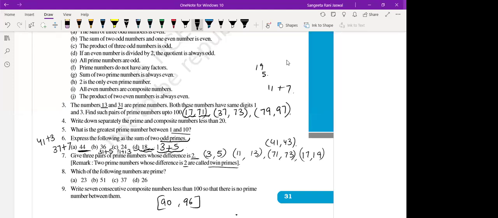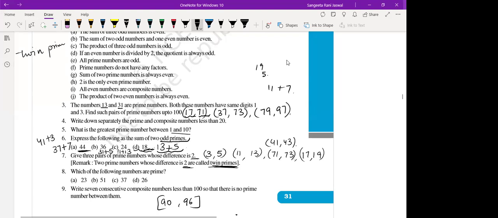Okay. Give 3 pairs of prime numbers whose difference is 2. So the prime numbers with a difference of 2 are called twin primes. Two prime numbers whose difference is 2 are called twin prime numbers. Same way you have another set of prime numbers, twin primes and co-primes also.